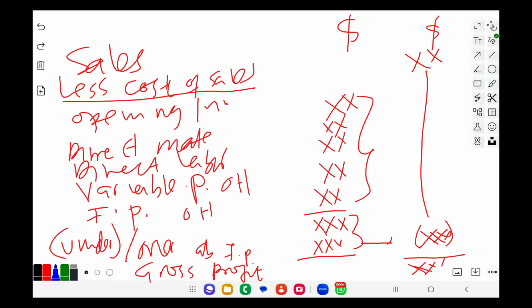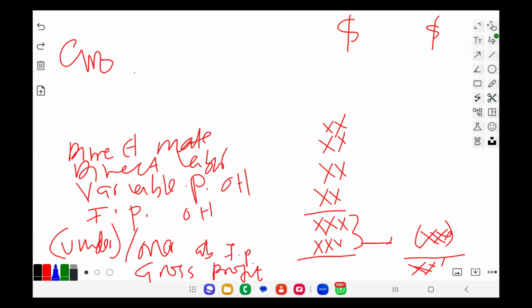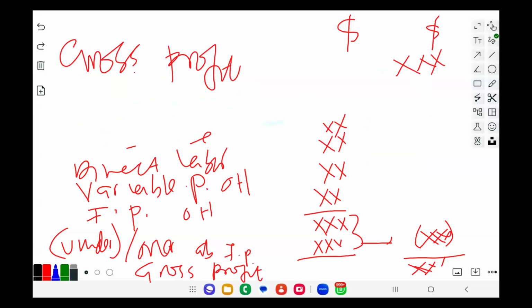Now we can continue from the gross profit. It is in the last column, by the way. Let's start from the gross profit again, going down. This is just a format. Gross profit in the last column like that. What do you do after the gross profit?